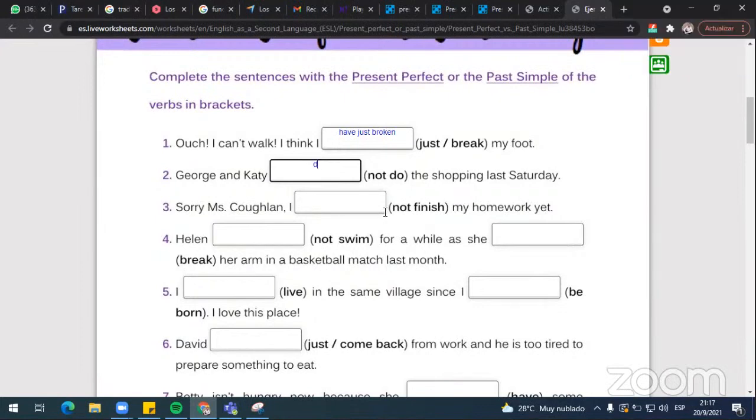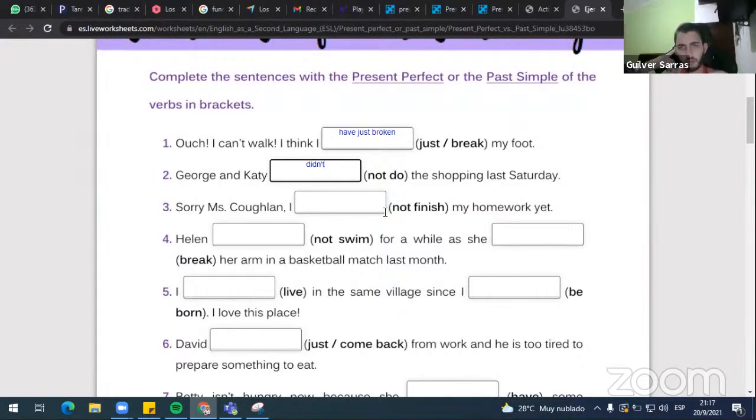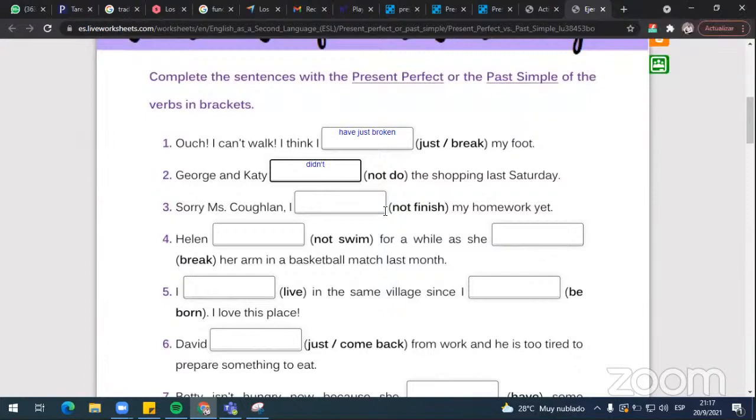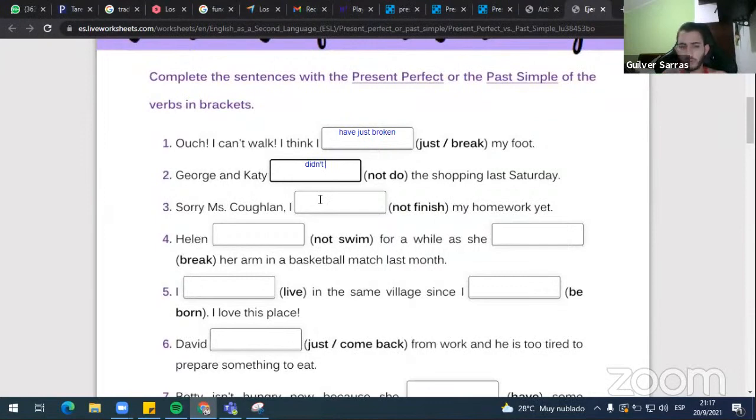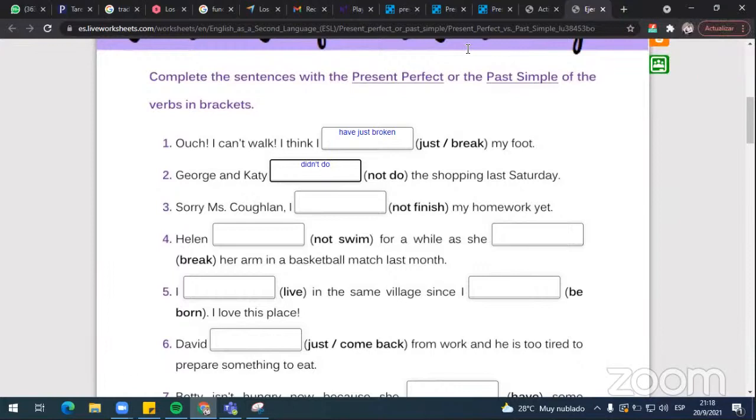All right. Didn't the shopping last Saturday. Ok. Pero nos falta el verbo. ¿Cuál está el verbo ahí en los paréntesis? Do. Excellent. Great. All right. Number 3.